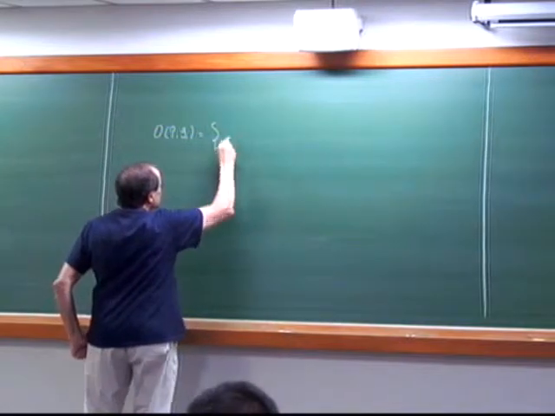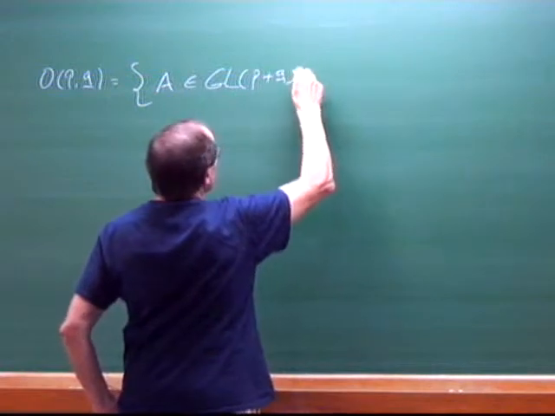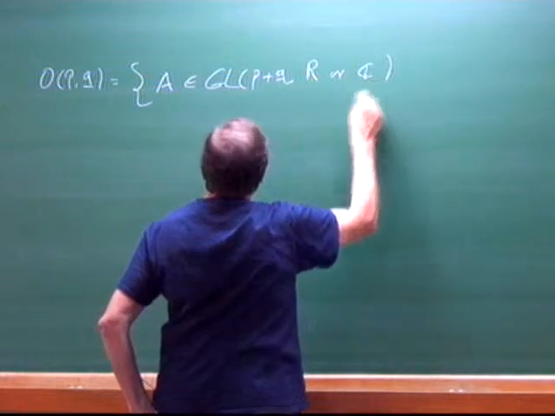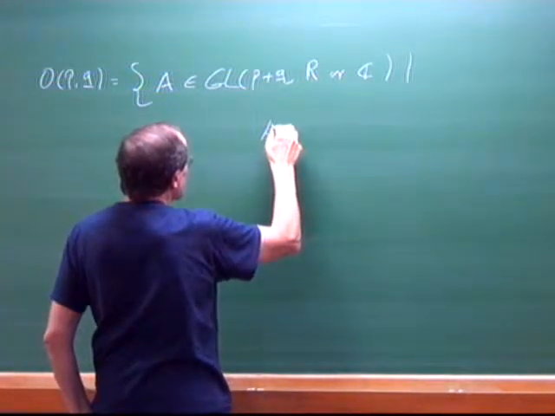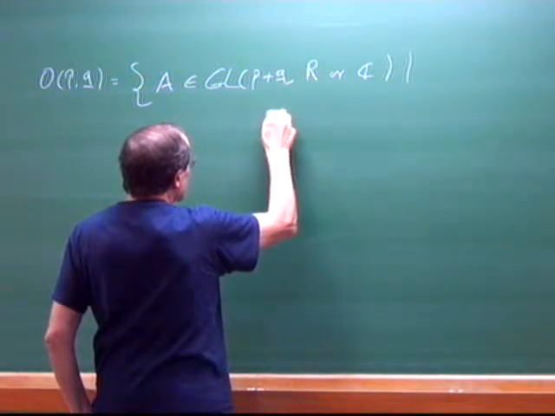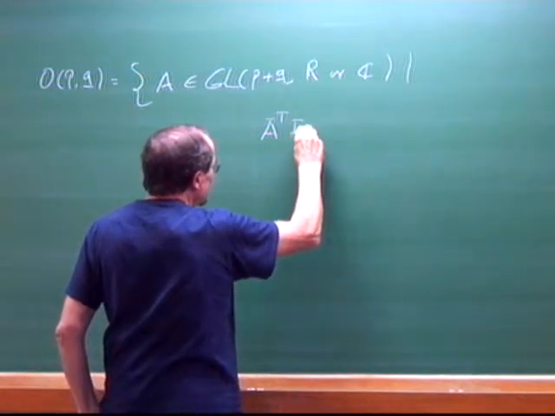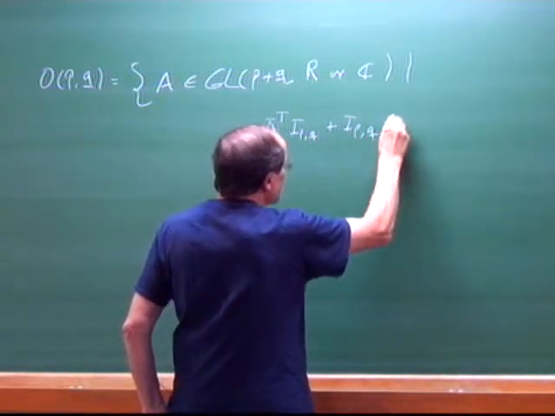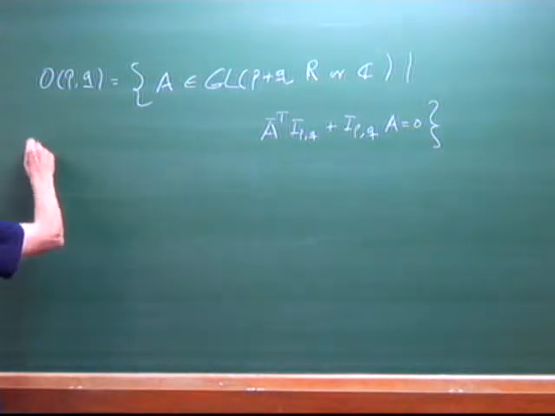Let me just write down the matrix form, over R or C. It was the property that A-bar transpose I_pq plus I_pq A equals 0, where I_pq was a diagonal matrix.